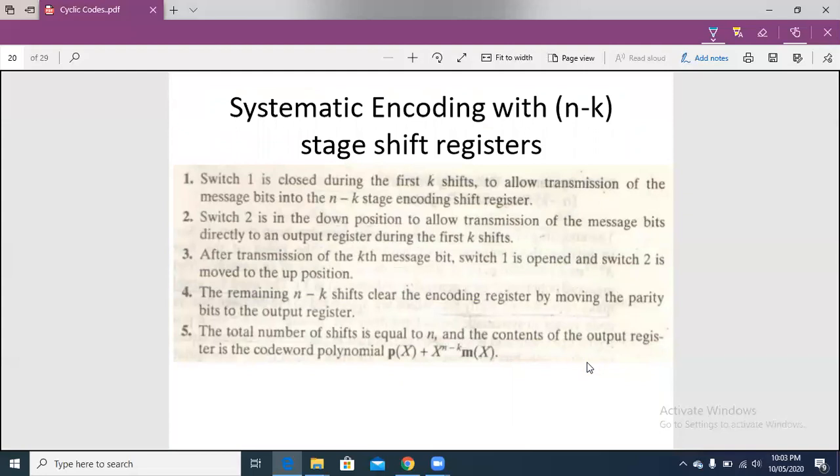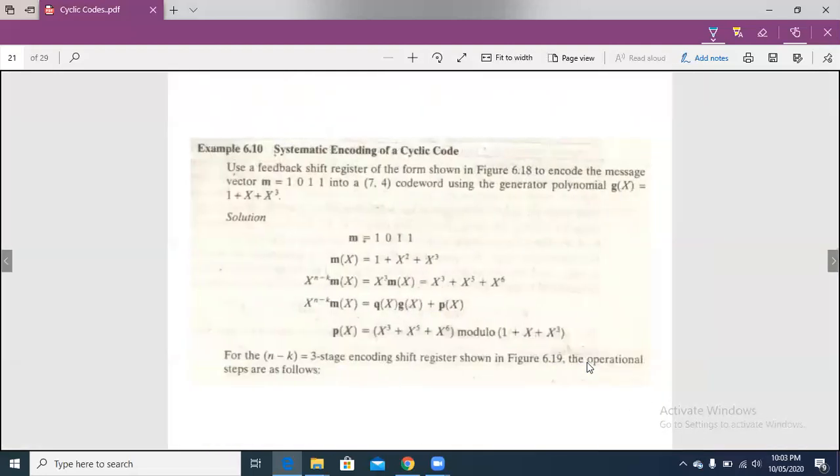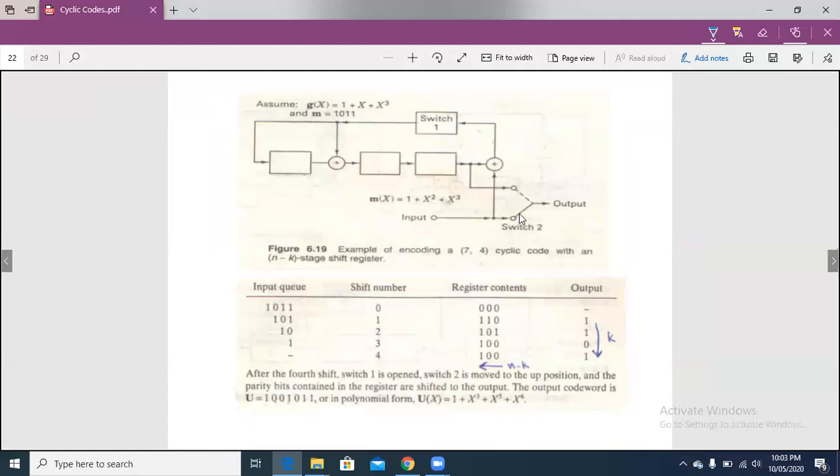Now, systematic encoding is different in the sense that we have the switch here. First, switch 2 is closed, and switch 1 is open. This means that whatever input we have, we get at the output, and it will be fed back.